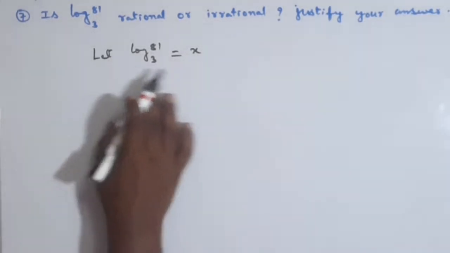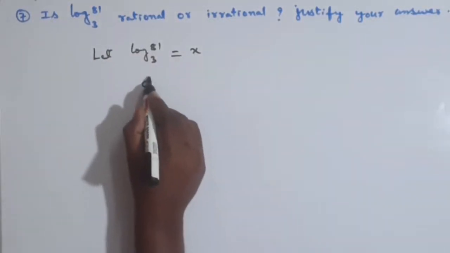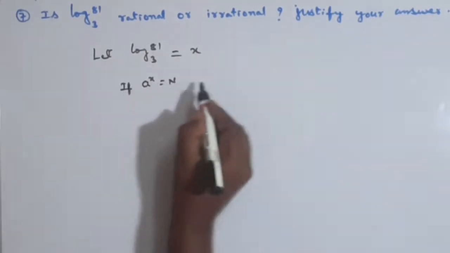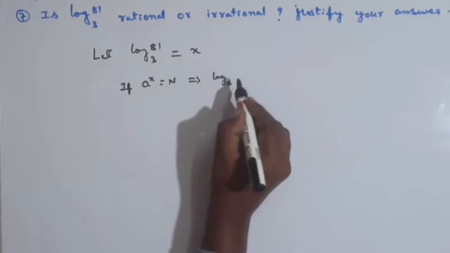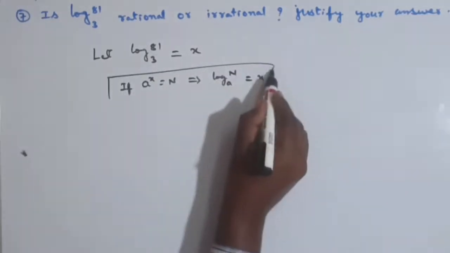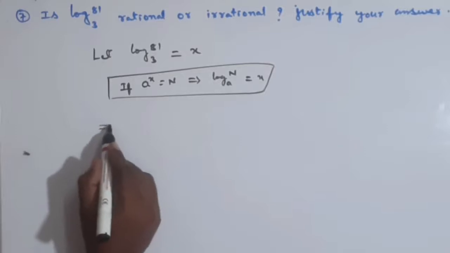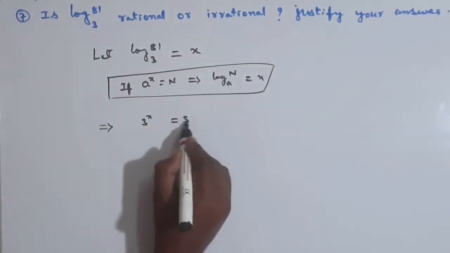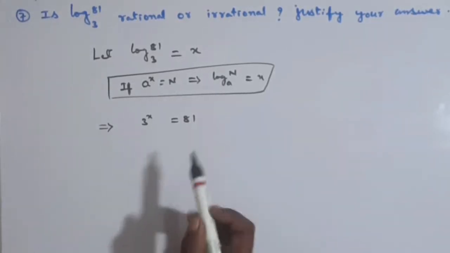Now let me write it in exponential form. If a to the power of x equals n, then that implies log base a to n equals x. Converting from exponential to log, writing like this, 3 to the power of x equals 81. What does this mean?